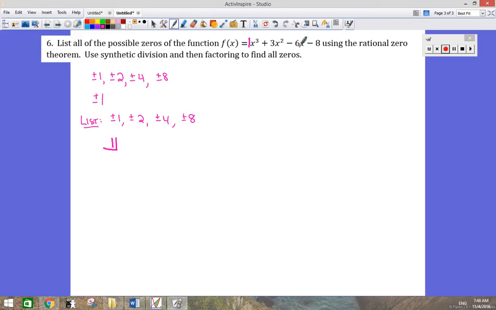Now, initially I should have commented that there is no greatest common factor to this original polynomial function, and it is in standard form, and it has no missing terms. It has a cubed term, a squared term, a linear term, and a constant term. So I don't have to introduce any zeros for my synthetic division.